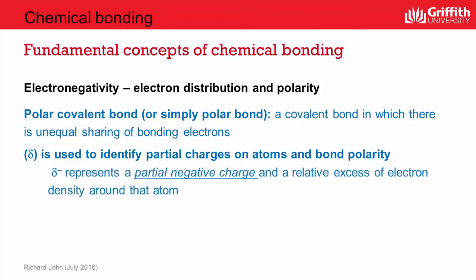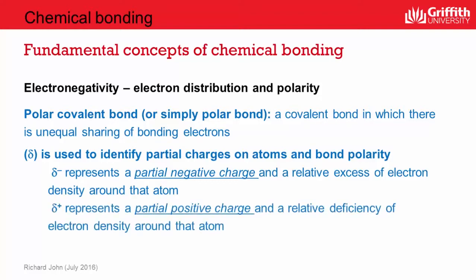A delta minus symbol on an atom represents a partial negative charge and a relative excess of electron density around that atom. A delta plus symbol on an atom indicates a partial positive charge and a relative deficiency of electron density around that atom. Using this notation, the hydrogen chloride molecule would be represented like this.